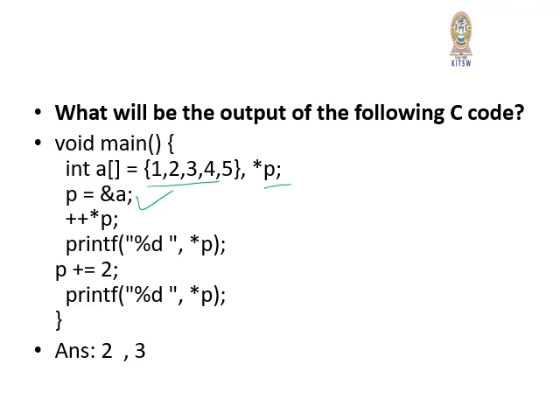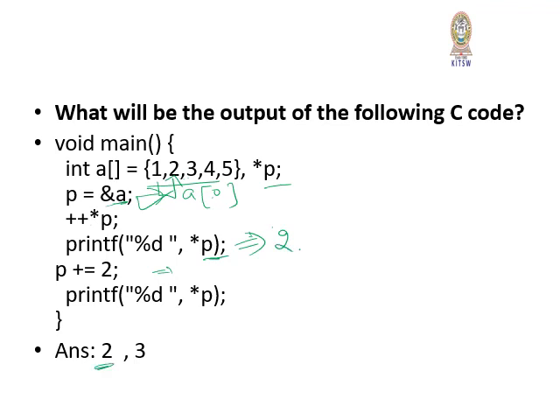Star p equal to address of a means it stores the address of the first element of the array, p equal to a of 0, and plus plus means plus 1, so it goes to the next location, that is 2. Now when you try to print this, it will print 2. So that is our first answer.